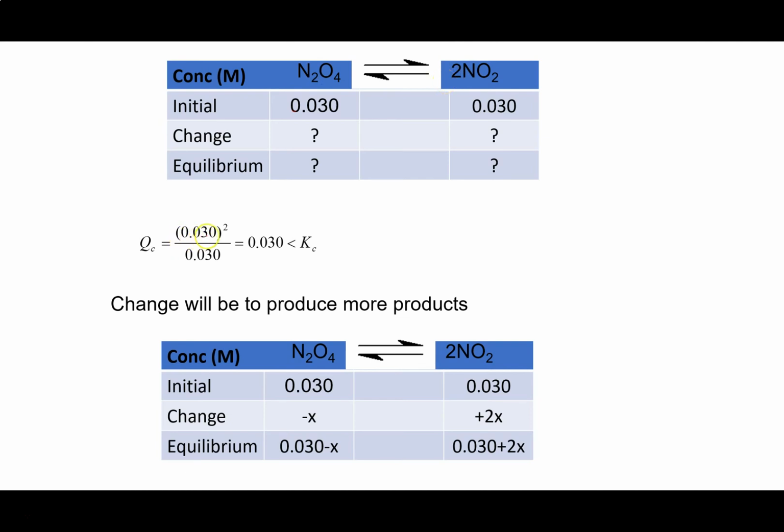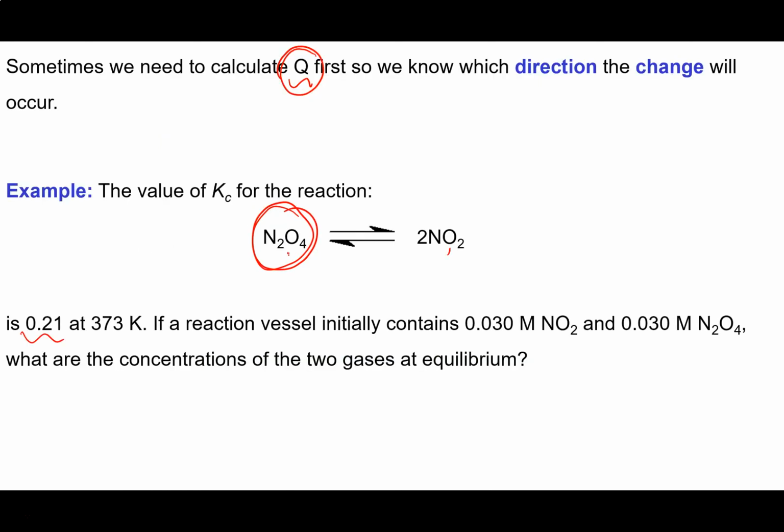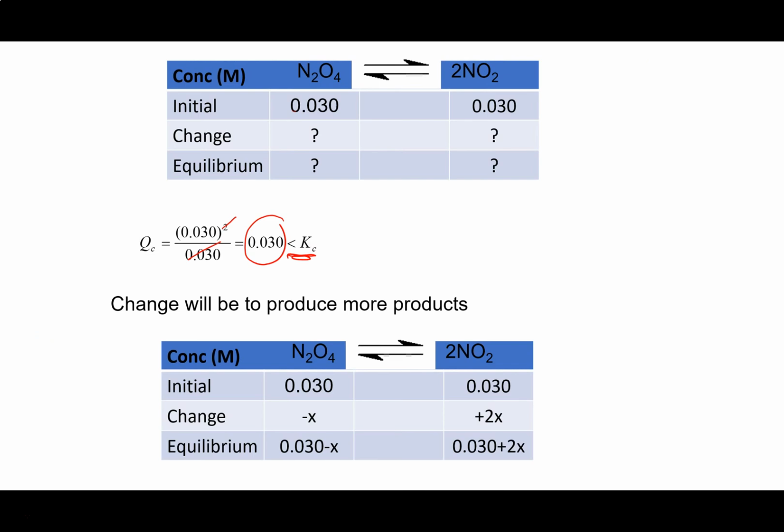So it's going to be 0.03 squared divided by 0.03, and that's just going to be equal to 0.03, and that is less than our K, which was about 0.2. So that's a lot less than K. When Q is less than K, that tells us that our reaction is going to shift towards the products.